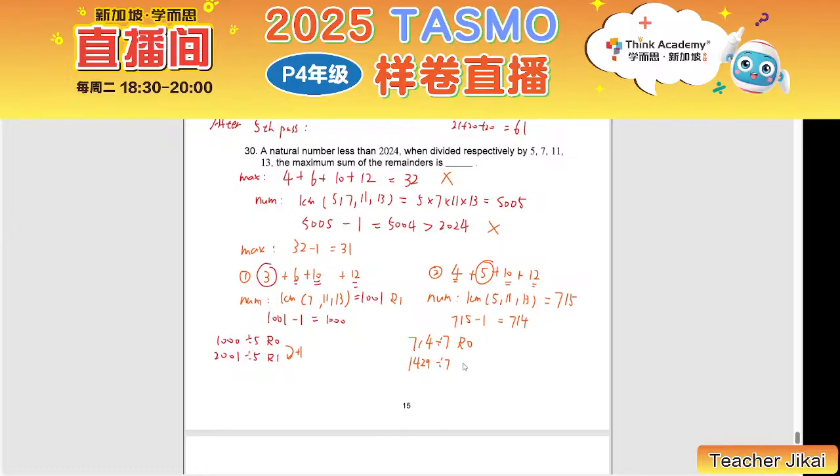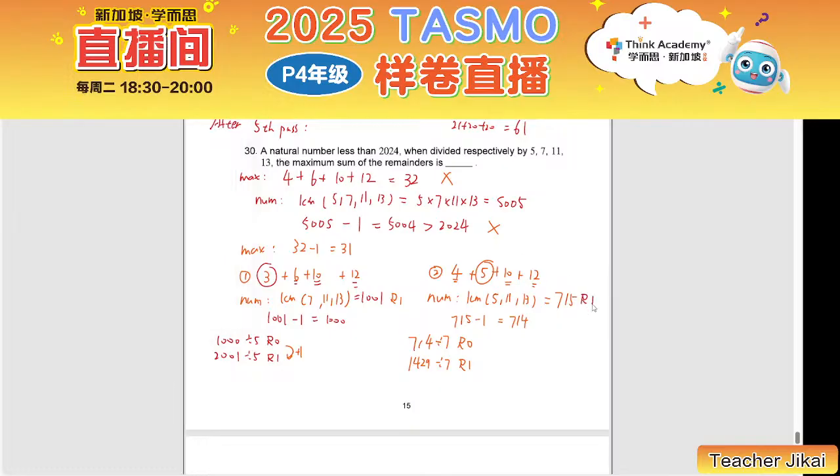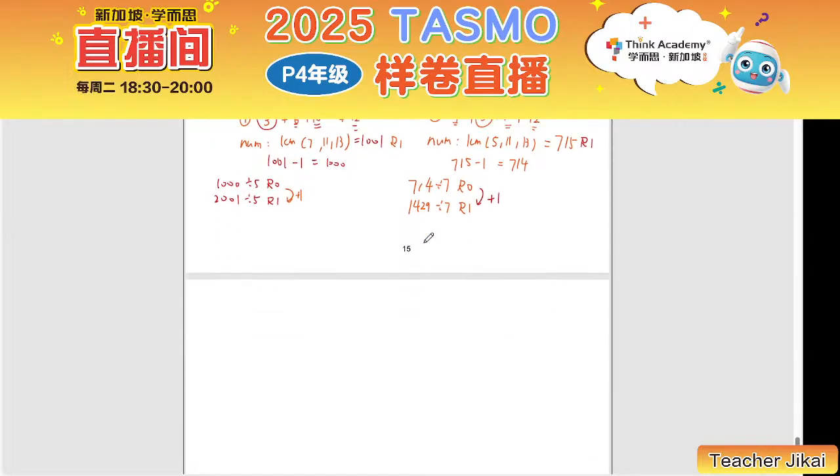Divide by 7, also remainder 1. So there's also a shortcut, right? 715 divided by 7, you can see remainder 1, so plus 1. So of course, we don't have remainder 5. So no. Let's go to the third case.